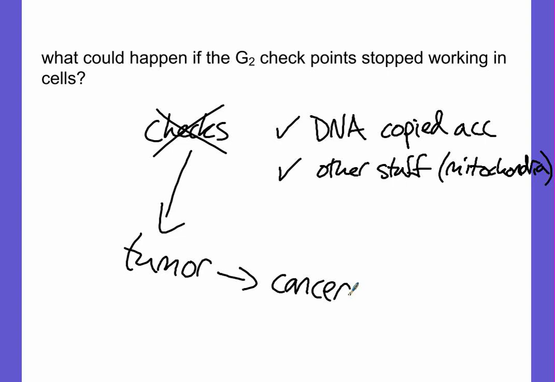So cancer actually is a big connection to the cell cycle. We're talking about those G2 checkpoints. If they don't function the way that they're supposed to, you can end up with cancer.